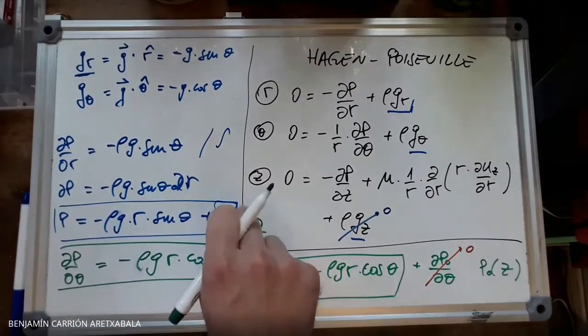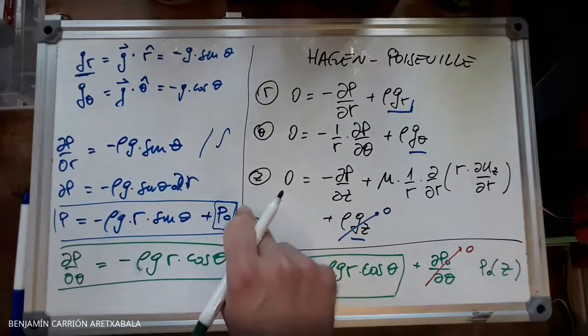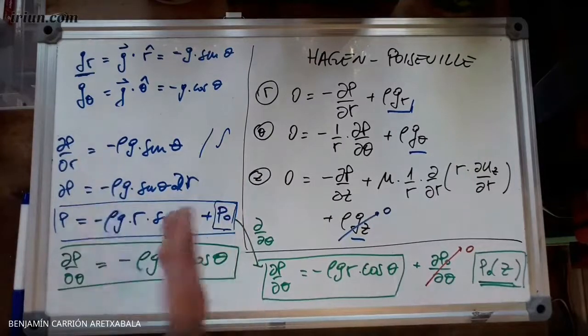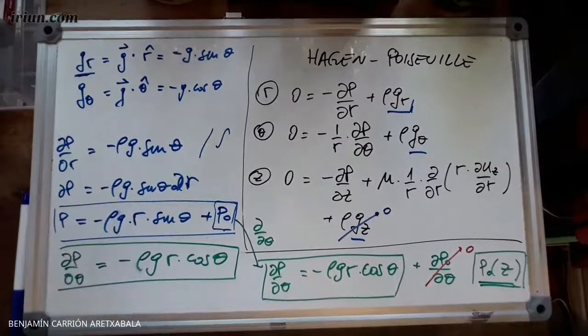So P0 is an integration constant on r, and it doesn't depend on theta, so it has to only depend on z. P0 can be, for instance, the pressure at the center line of the vein, or the mean pressure, and it will only change along the z direction, along the vein.